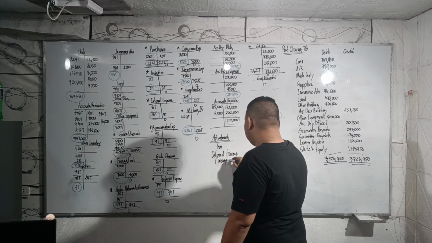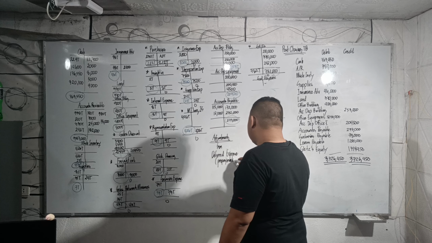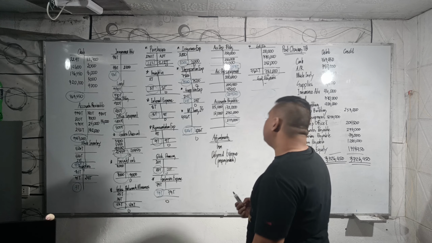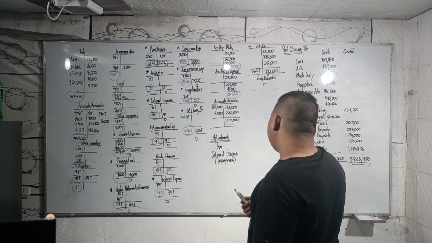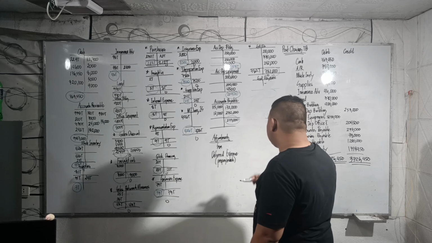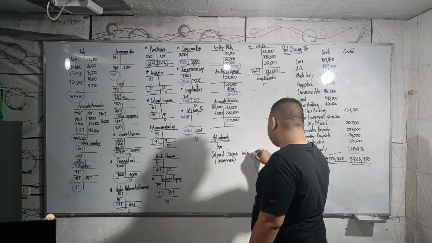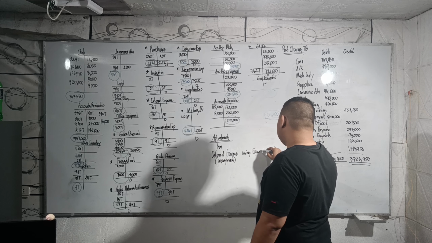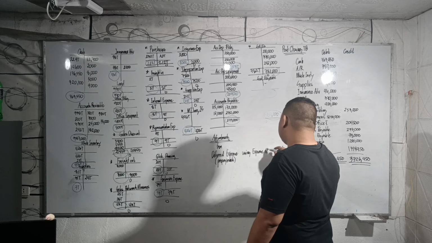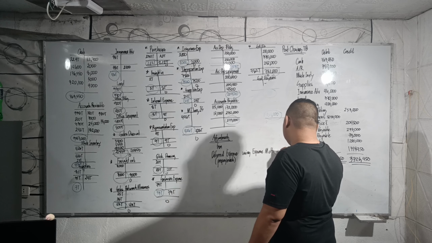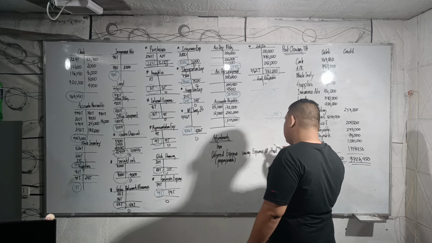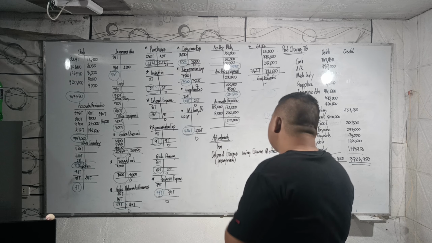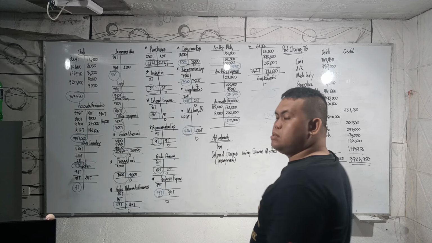In other terms, prepayments or prepaid expenses. Okay? So those are the deferred expenses using the expense method. So only the adjustments for prepayments using the expense method are reversed.